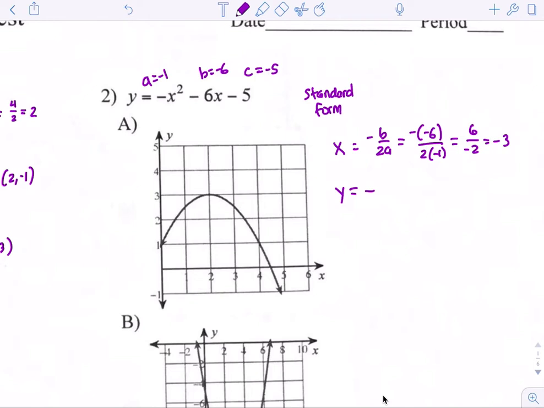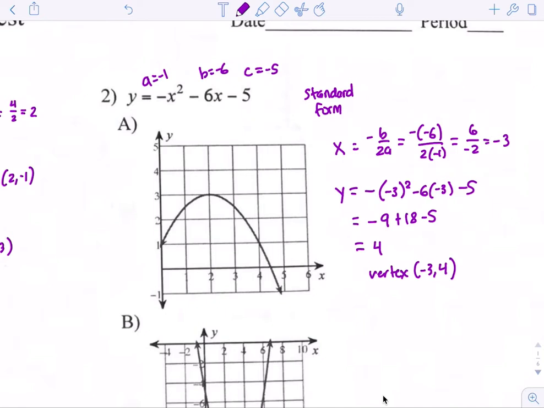So negative of negative 3 to the second minus 6 times negative 3 minus 5. Negative 9, because negative 3 squared, you guys, is 9. Negative 1 times 9, negative 9. Negative 6 times negative 3, 18 minus 5. And that's simply just 4. So your guys' vertex is negative 3, 4.